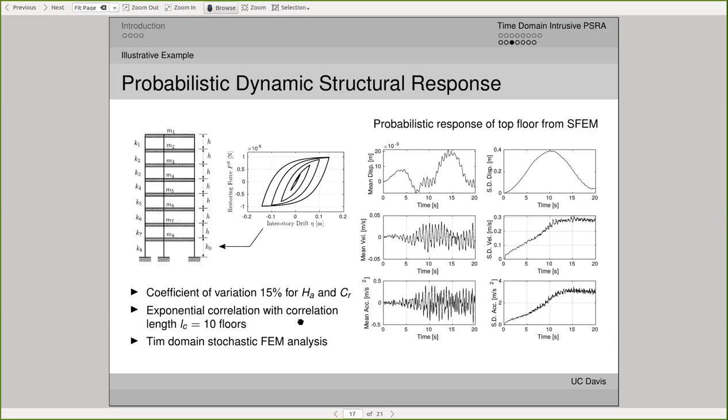We perform the uncertainty propagation of this uncertain motion to such an uncertain structure system using the stochastic finite element analysis that we presented in our previous lectures. Here we can obtain the dynamic probabilistic response of the top floor, the time evolving mean and standard deviation of the structure response.